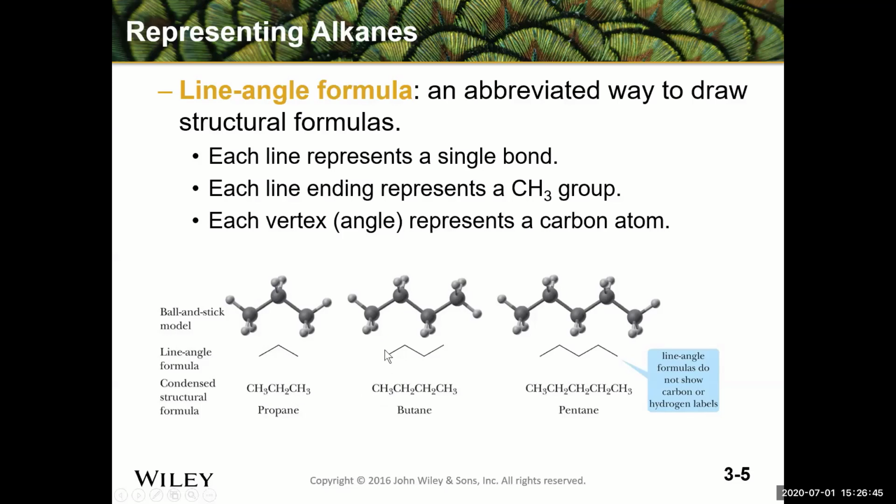We can do the same thing for butane, draw the methyl group and then the two middle carbon atoms, and then the terminal methyl group. And then we can even add more of these CH2 groups to form a longer chain. And this is the condensed structural formula of pentane.